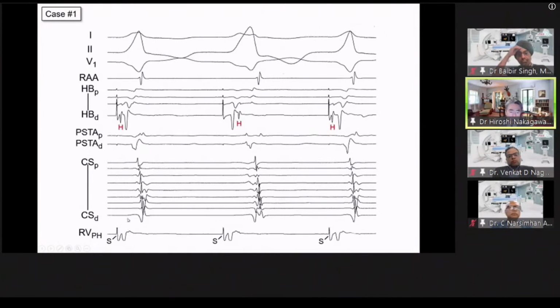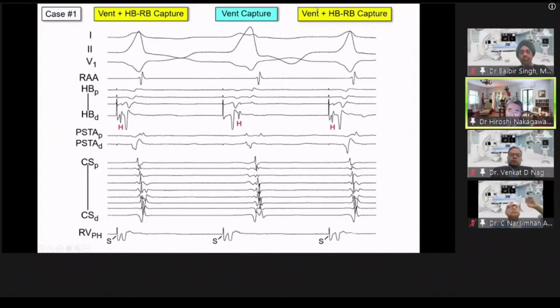So you see retrograde His activation here. This is B capture and His, this is B capture only, and this is B and His capture. If you take a look at the atrial activation sequence and the timing, the earliest atrial activation is located at the septal region.